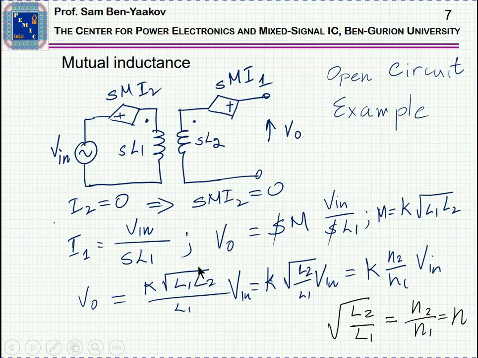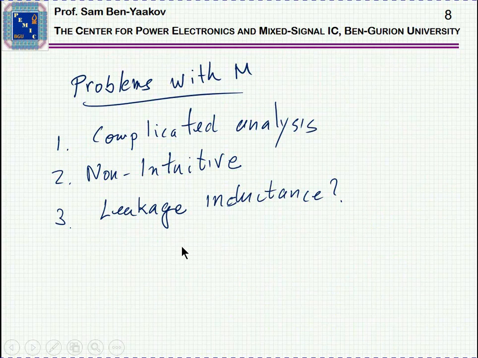model of mutual inductance. Now there are some problems with this representation, and therefore power electronics engineers don't like it very much. Number one, it's rather complicated to analyze. It has dependent sources, it depends on the current on one side and the other side, and it turns out that it's really a mess to write out the equations of the circuit.